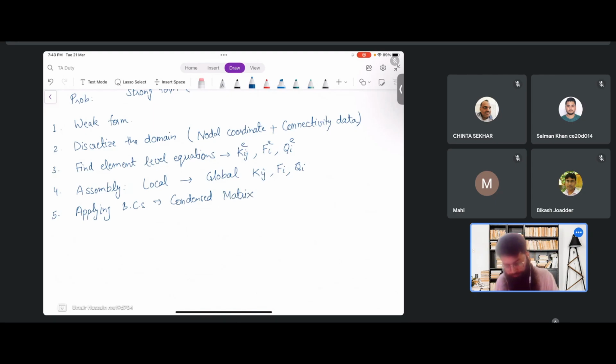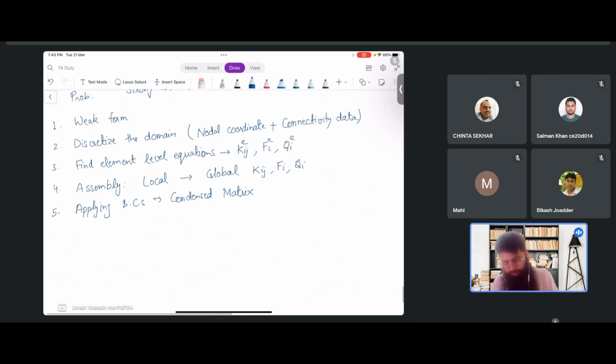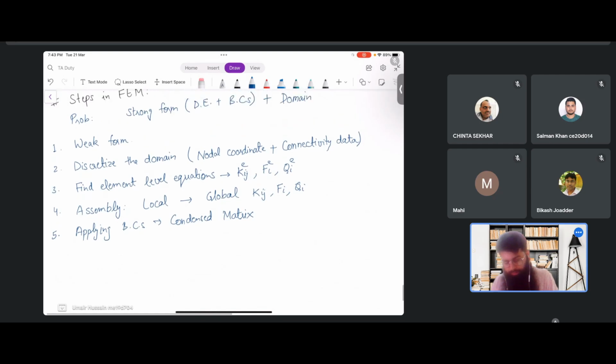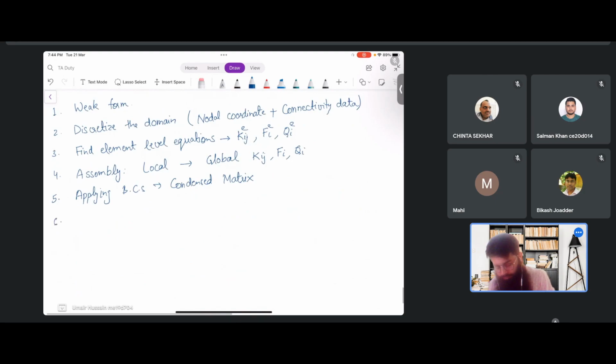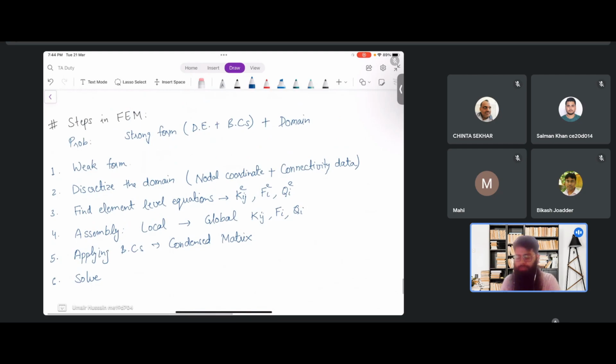After applying boundary conditions, we are just left with solving the matrix and the vectors. That's it, and we'll get the result. So this is the basic sketch of the whole complete FEM process. I hope this is what you asked, sir.